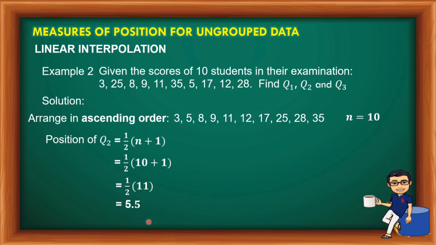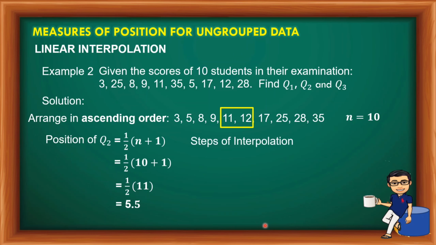So, it will be between the 5th and the 6th data or position. So, ibig sabihin, nasa pagitan siya ng 11 and 12. So, kasi sa pagitan siya ng 5 at 6. So, ibig sabihin, 1, 2, 3, 4, 5 position and 6th position.